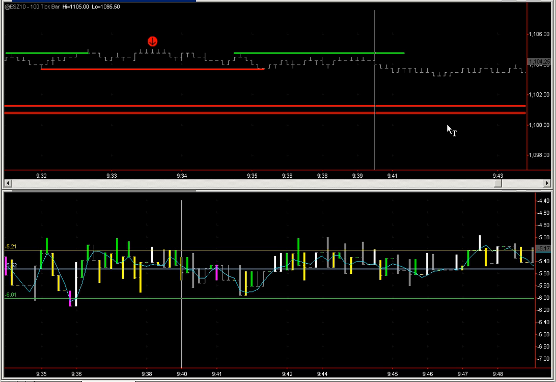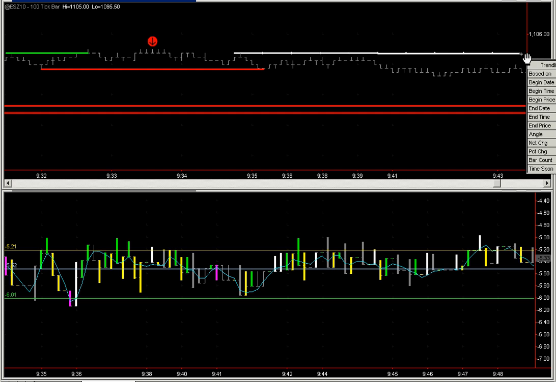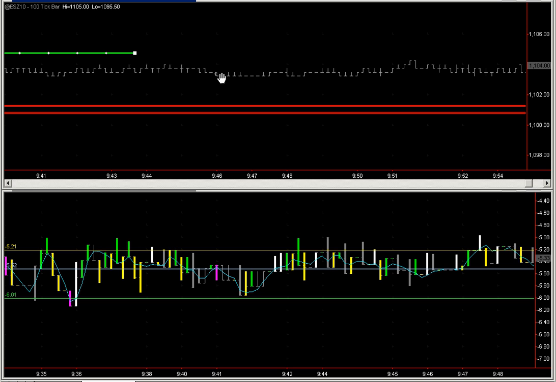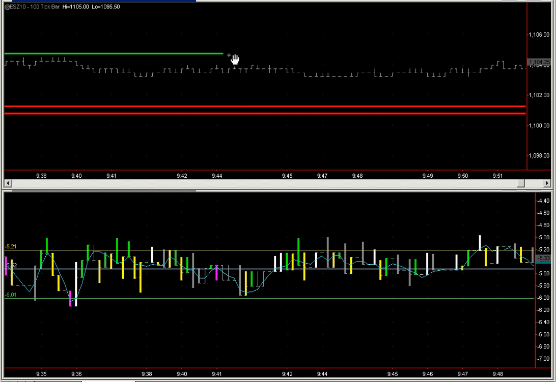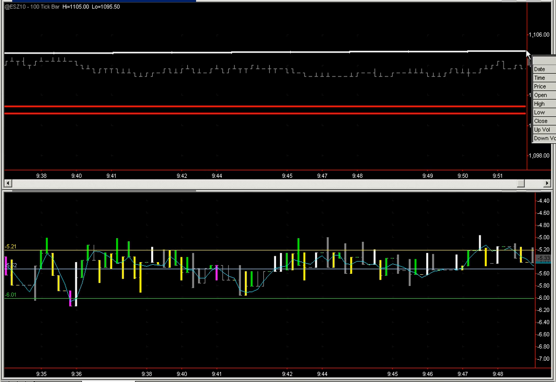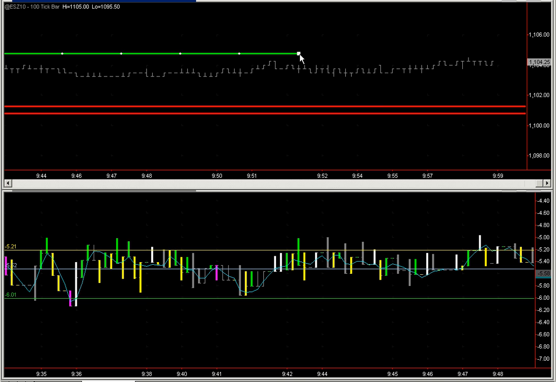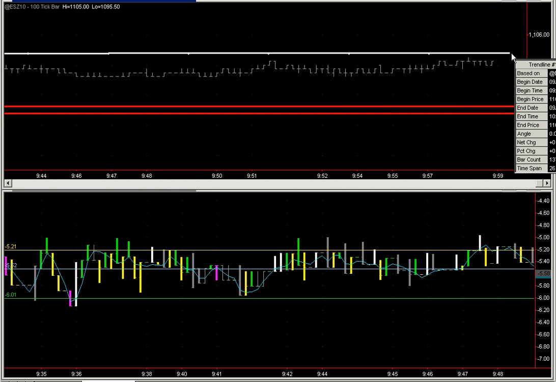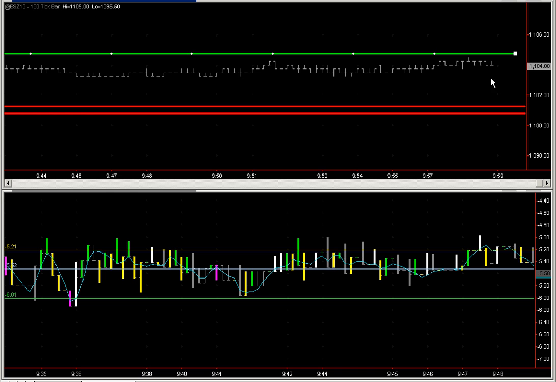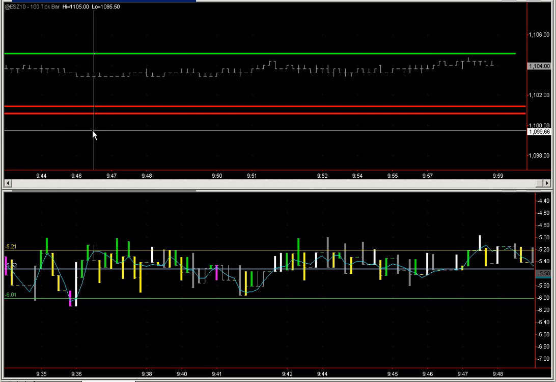So let's now talk about where we're at right now. Extend this line. And we really haven't had too much taking place. Let's now go back to our indicator and let's find out where we're at here.